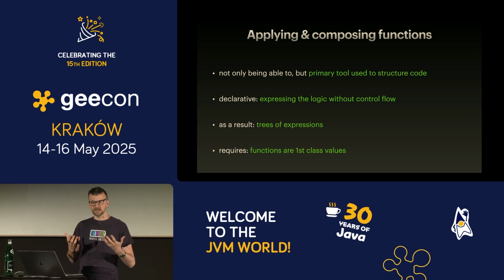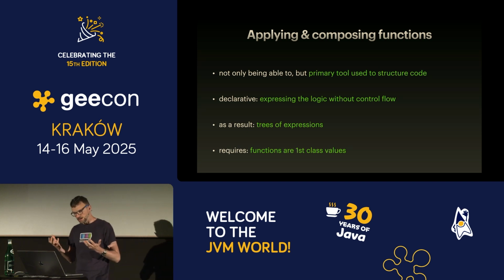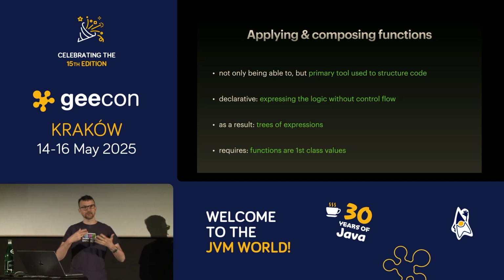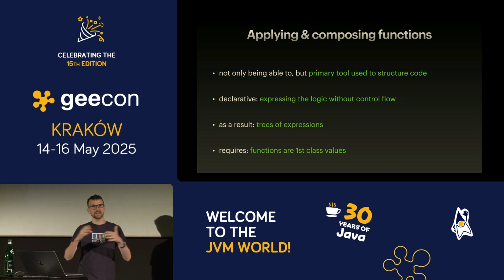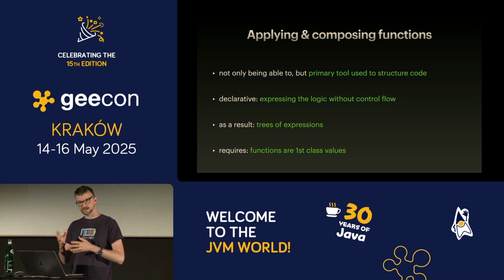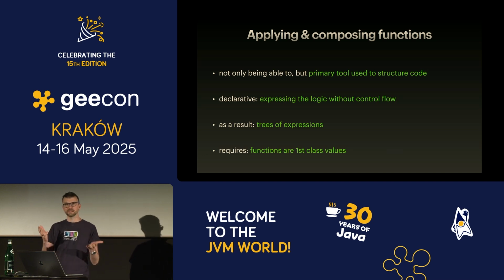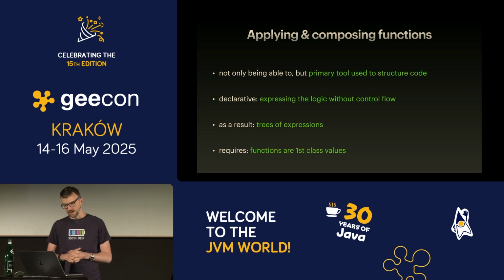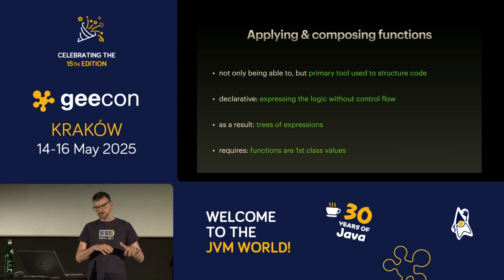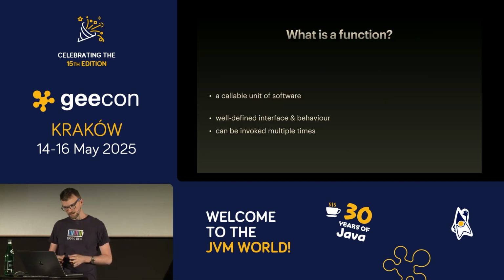But it's also required that it's not only about being able to apply and compose functions, because you can do that in almost any language, but it should be the primary way to structure your code. That's the big difference, because you can apply and compose functions in C very easily, yet we probably wouldn't classify C as a functional programming language. So it needs to be your main approach.